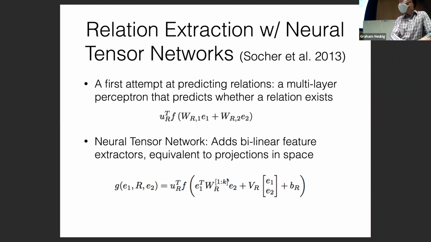The reason why this might be good is, let's say these two vectors were more similar, they could be judged to be in a synonym relationship or to be in the same semantic class. To measure the dot product between E1 and E2, all you would need to do is make this be the identity matrix, and then this would be equal to the dot product between the two vectors.